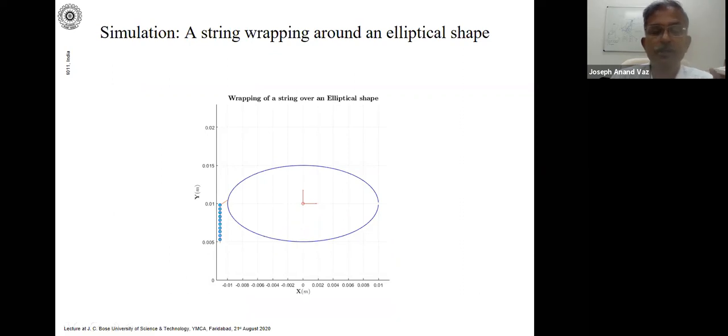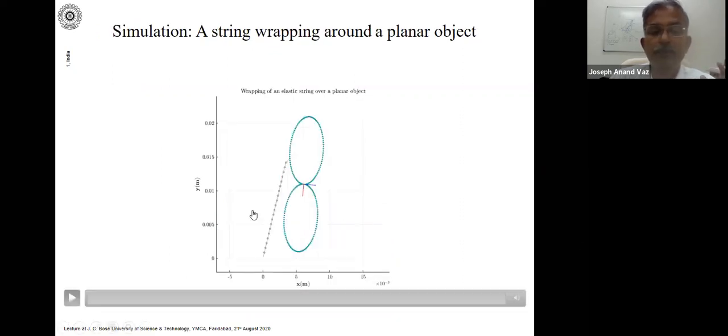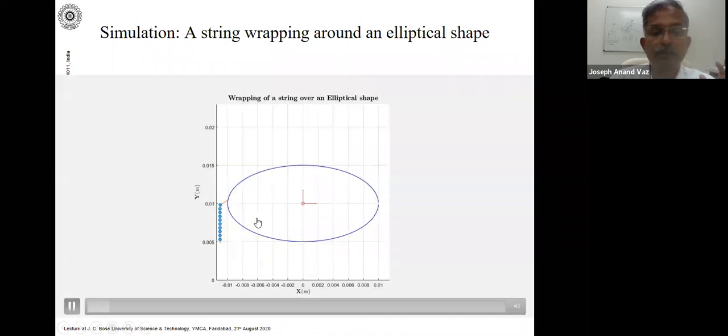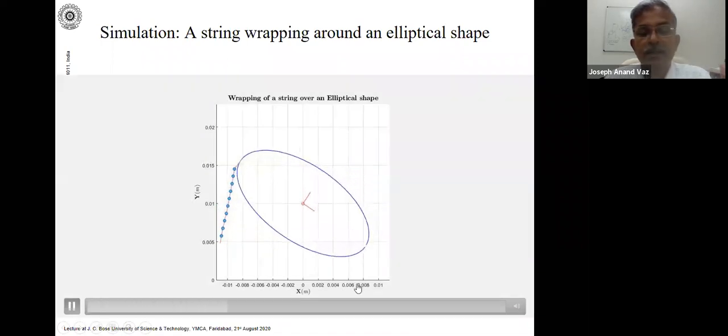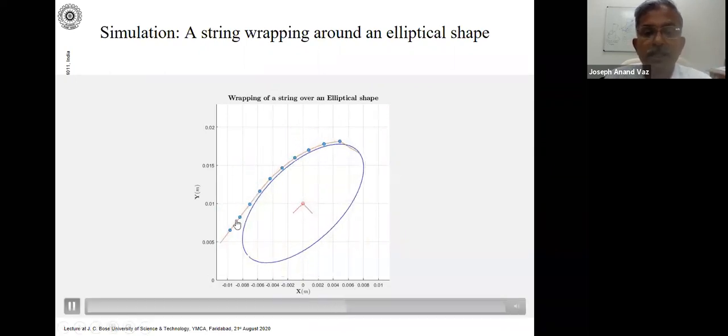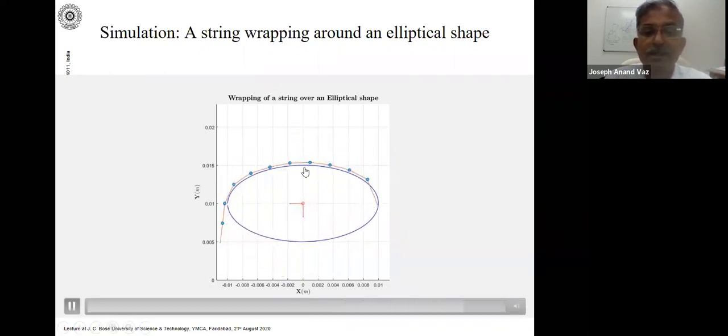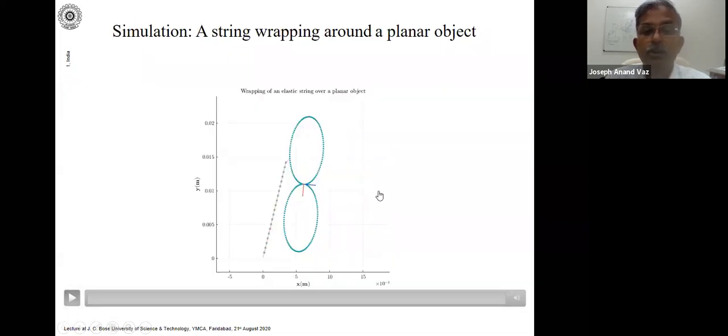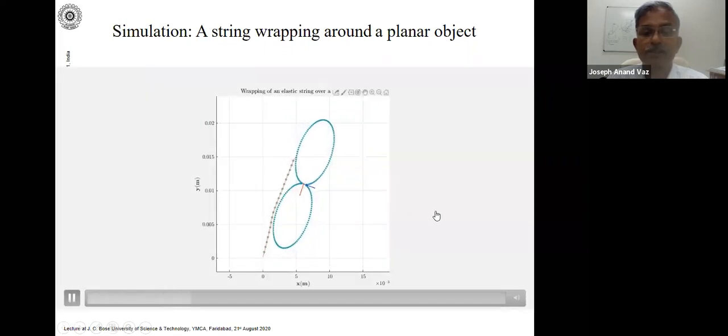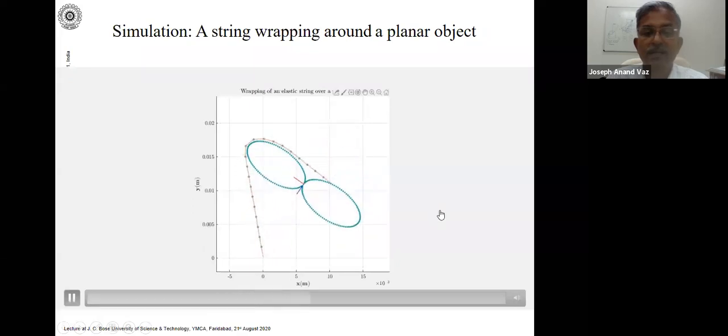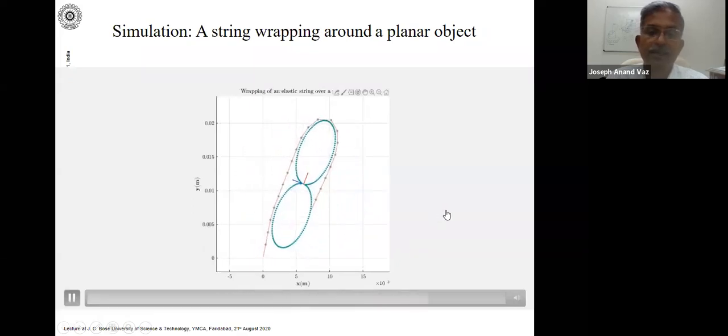It's just for demonstration. Here you can see that as the ellipse turns, the ligament wraps on this and it maintains some kind of gap on account of the periosteum. Here, suppose you have a combination of two ellipses like this. You don't know at what point they will come in contact with the string. When you do this, you can see how the wrapping is done.